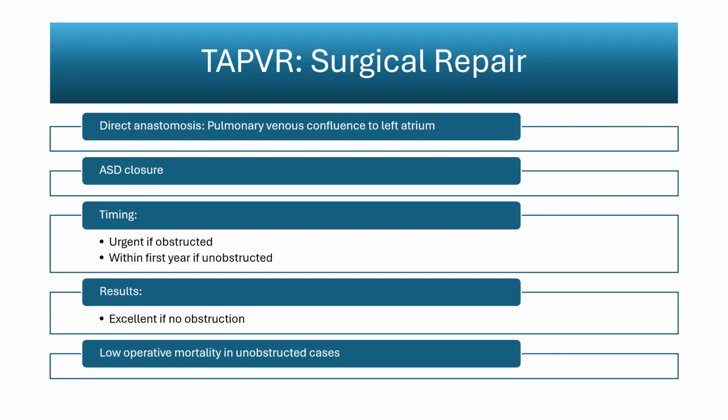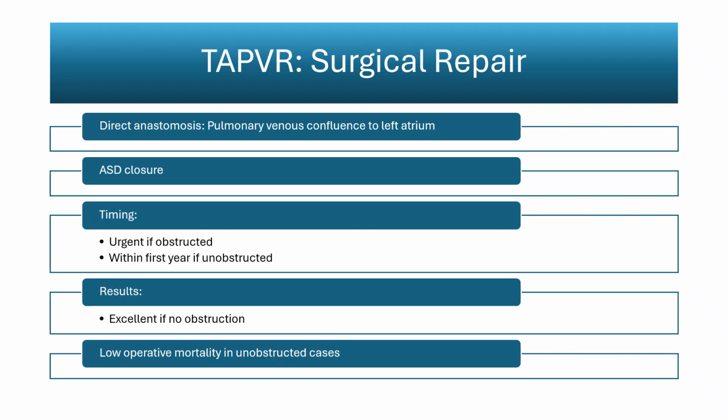In obstructed TAPVR, this operation must be performed emergently, often in the neonatal period, to relieve life-threatening pulmonary venous hypertension. In unobstructed TAPVR, surgery is still required within the first year of life to prevent progressive heart failure and pulmonary vascular disease.